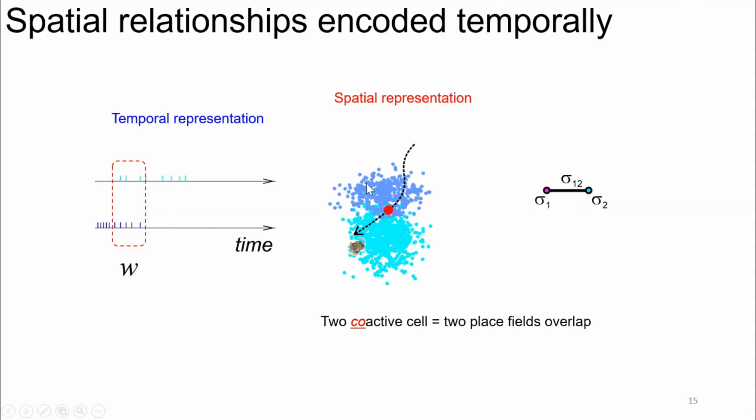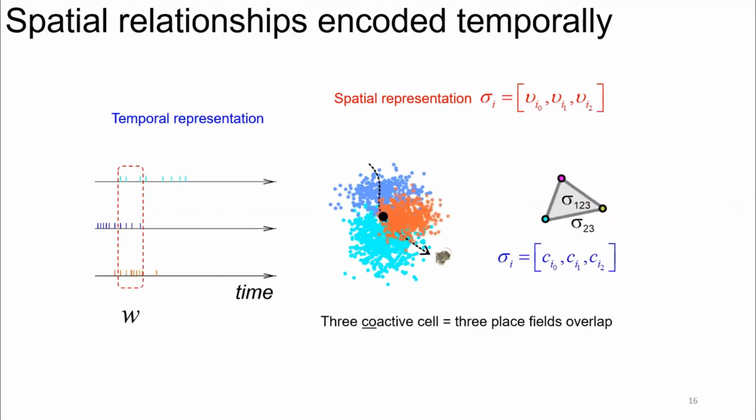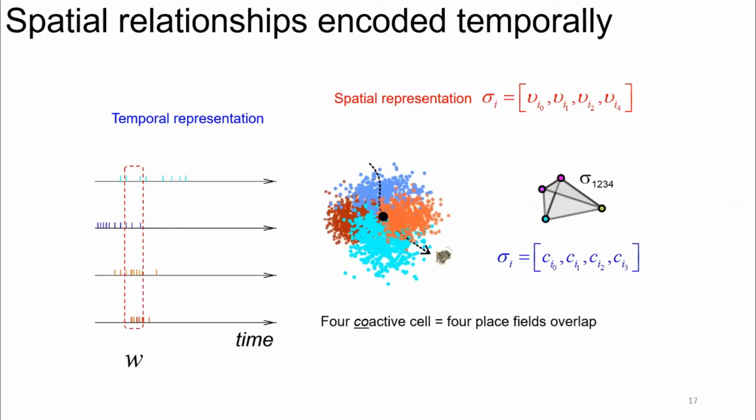In principle, I can think about place fields, or I can think about representation of regions in a more abstract sense, and represent that with a one-dimensional simplex, a link between two vertices. Same thing with overlap of 3 cells, 4 cells, and so on. So what is happening is basically I have this one-to-one correspondence again between patterns of coactivity of neurons and overlaps of regions, and I can carry on my construction.